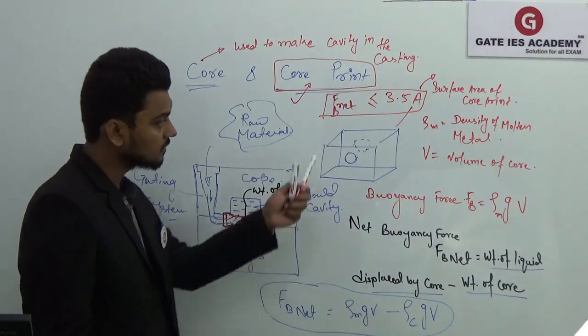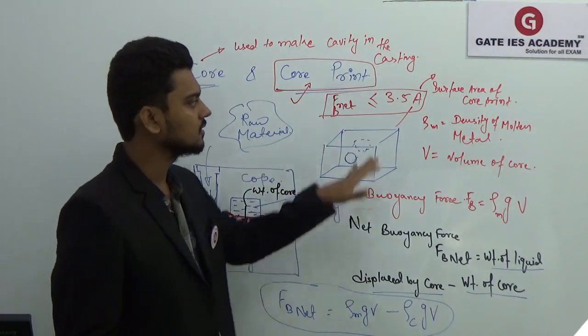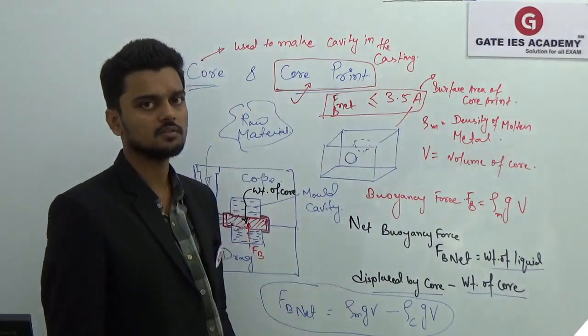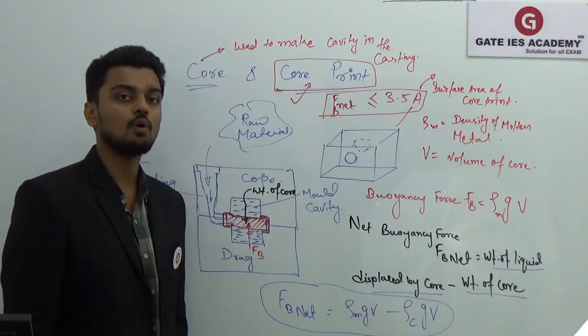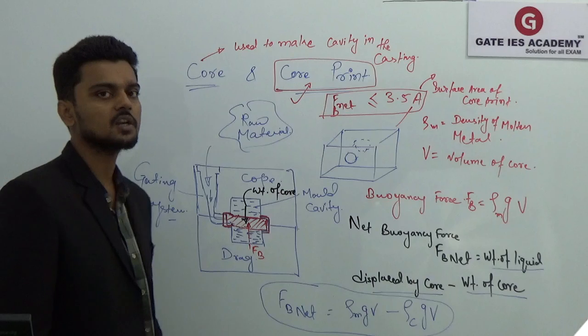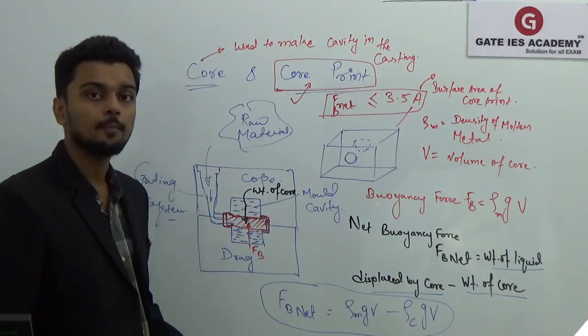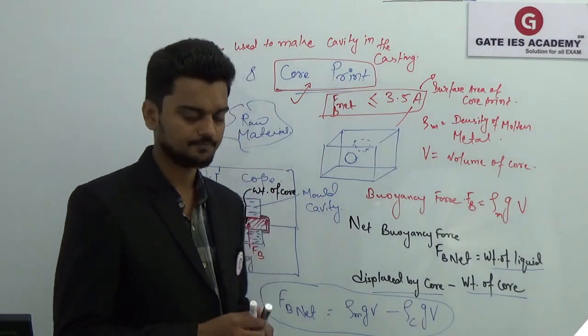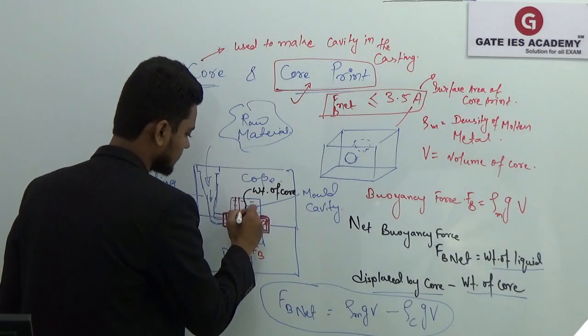Now if that net buoyancy force is greater than 3.5 times the total surface area of your core print, in that case we require the extra support, and that extra support is given by using the chaplet. Okay, so that is the purpose of the chaplet.